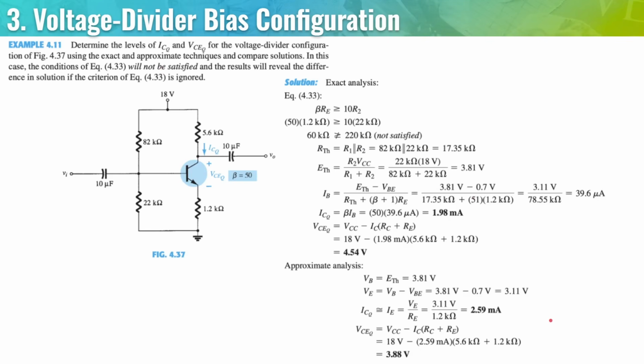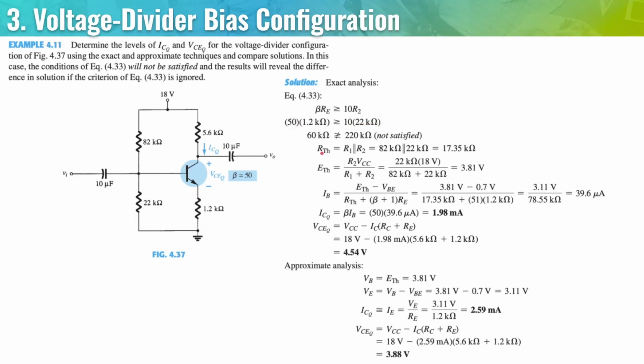Now let's provide some more emphasis on exact versus approximate analysis. Again, RE is 1.2 and we multiply it by 50. And then 22 kilo ohms must be multiplied by 10. As we can see here, the correct approach is that we use the exact analysis because the condition is not satisfied.